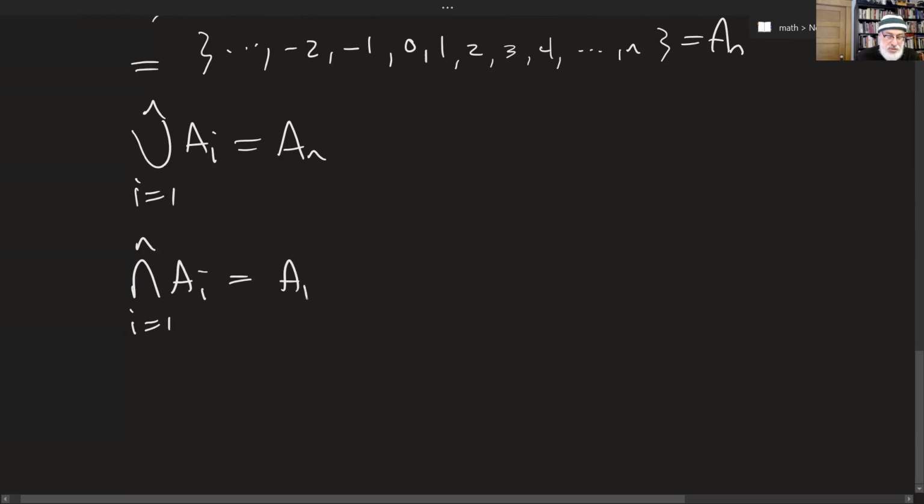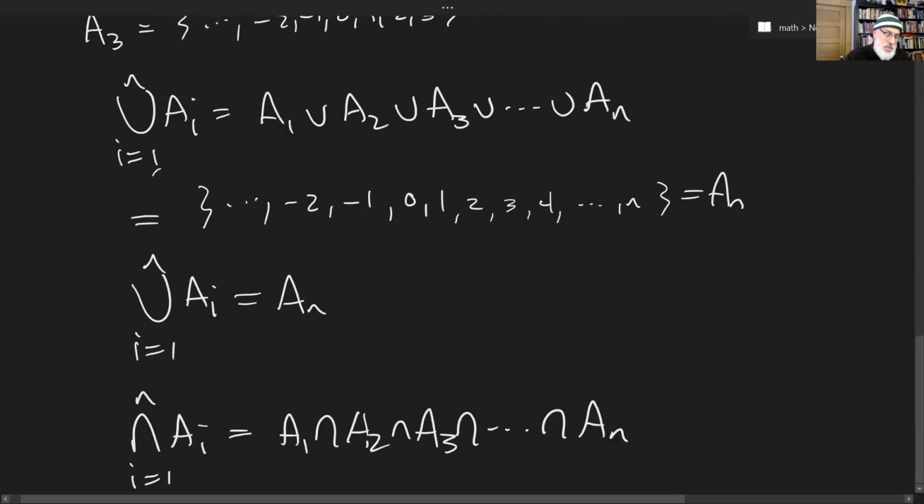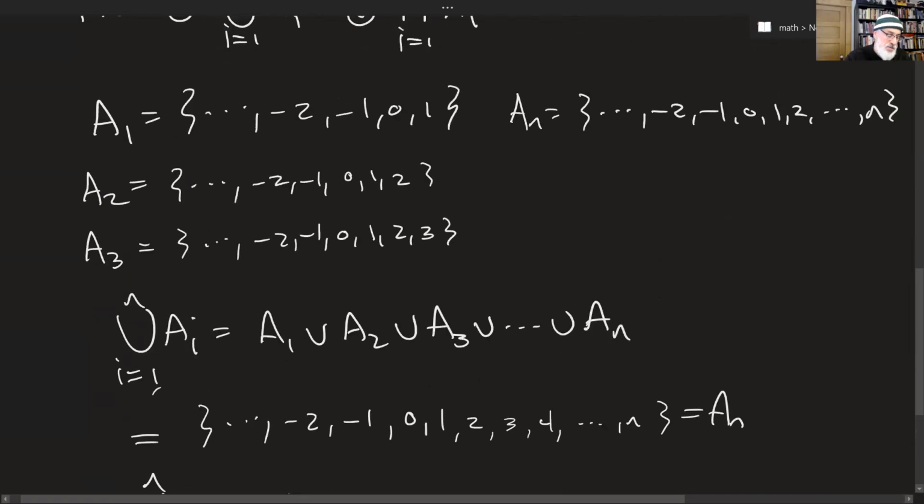This would be the intersection of A sub 1 with A sub 2 with A sub 3 all the way to A sub n. And remember, the definition means that they all have to have these in common. If we look at our sets up top again, A sub 1 has all of the negatives, 0, and 1. A sub 2 has all of the negatives, 0, 1, and 2.